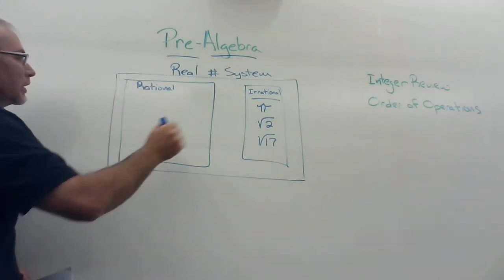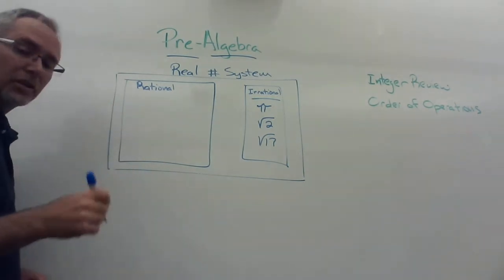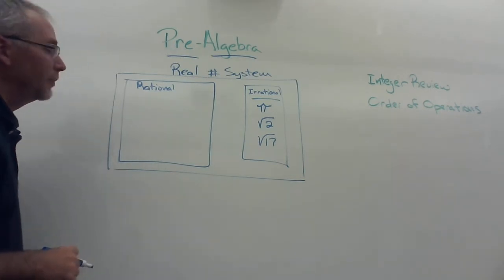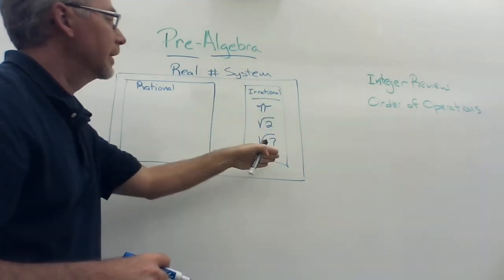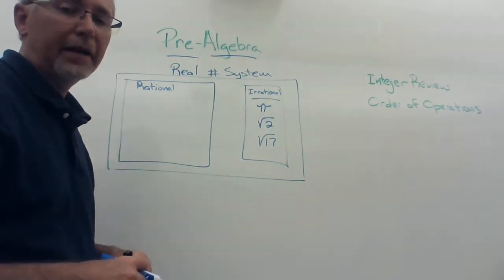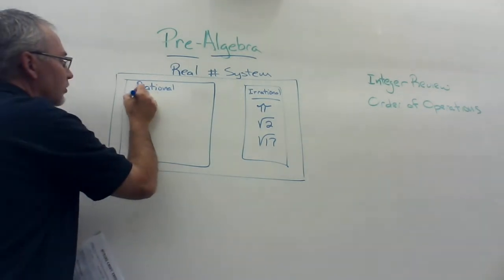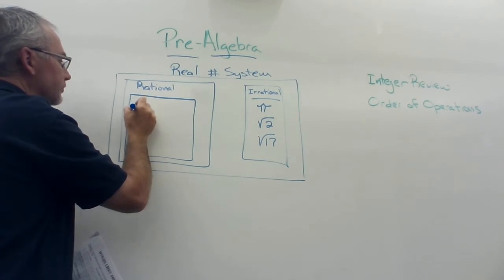But the main thing that we're going to deal with right now is what we call rational numbers. A rational number, and this is good for your notes, is any number that can be changed into a fraction. Irrational, obviously, then means it cannot be changed into a fraction. Rational numbers include some other subsets within there.